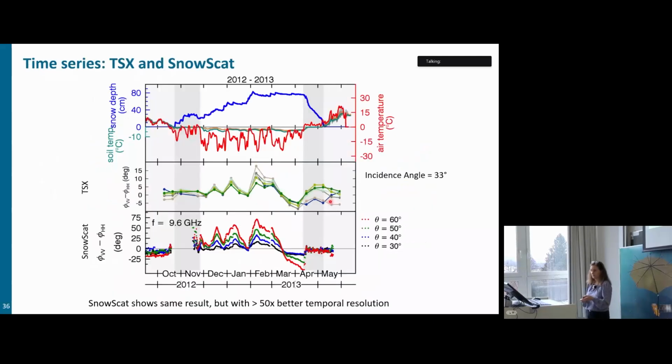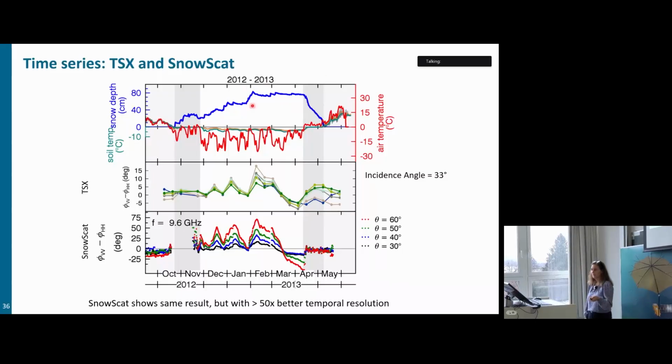So it's quite interesting. We have also looked at how it looks in terms of time. Quite on top, you see the snow depths estimated by the measurement system, by hand. You see soil temperature, that's the red curve, and this is the accumulated snow depth.